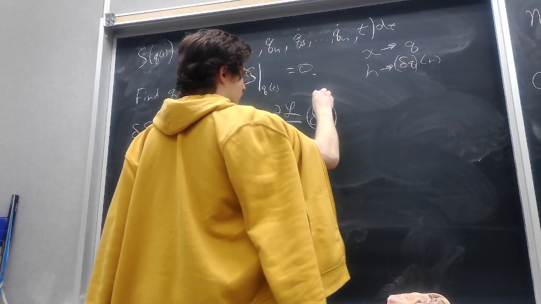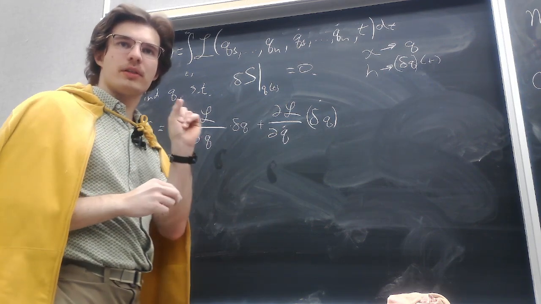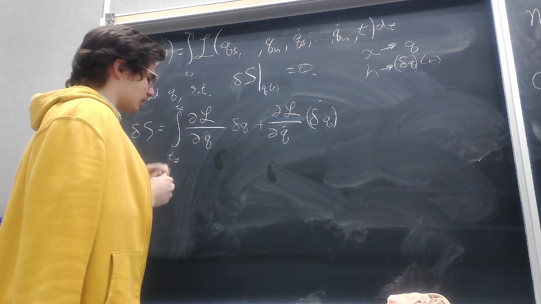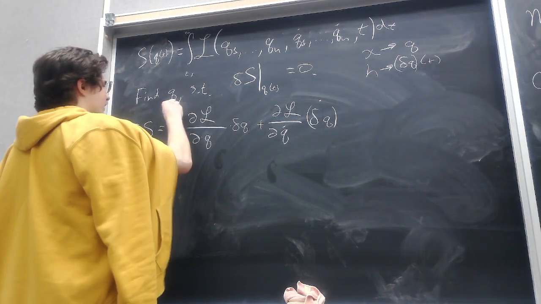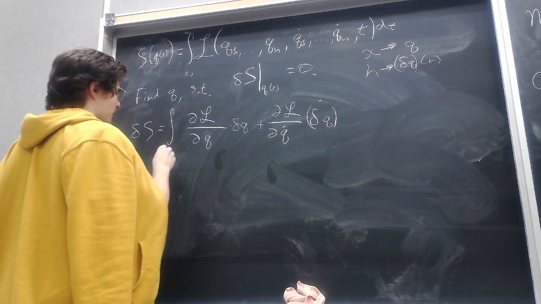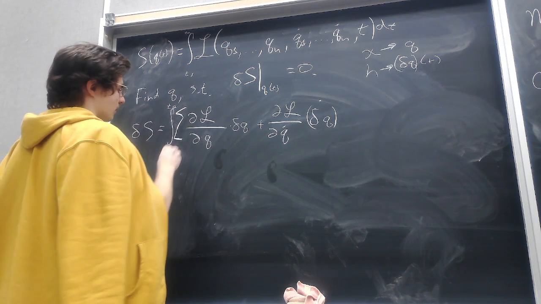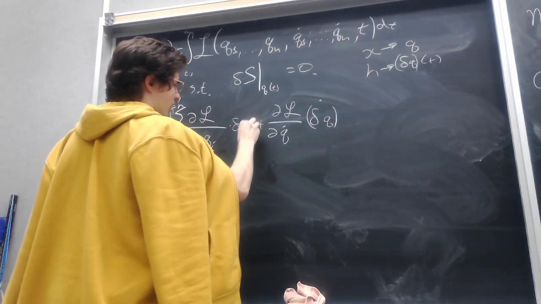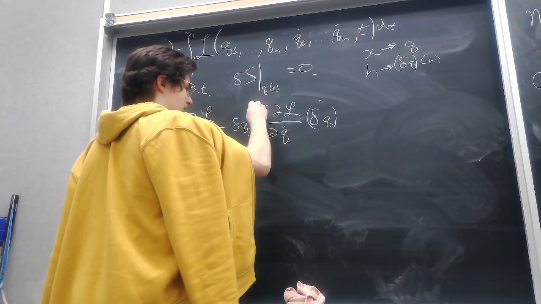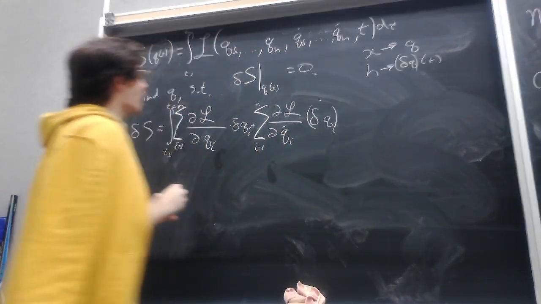Actually, let me rewrite this to make it more clear. Before, I was writing this as a vector, so let's make it even clearer. Let's take a sum over i equals 1 to n of partial L partial qi times delta qi, plus the sum over i equals 1 to n of partial L partial qi dot times delta qi dot. Why?